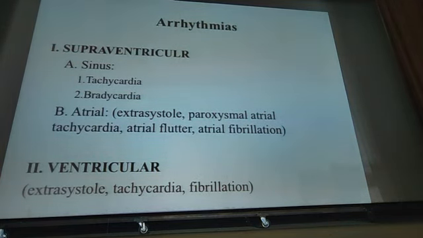But if you do not treat the patient at this time, there will be brain death. That's why we have to save these people immediately when they reach ventricular fibrillation.